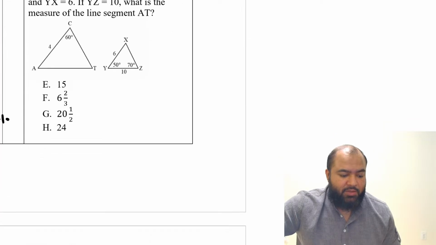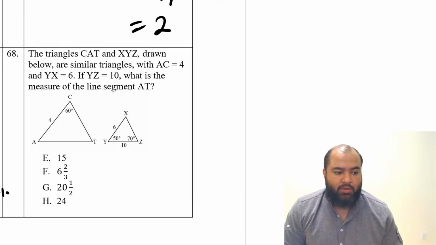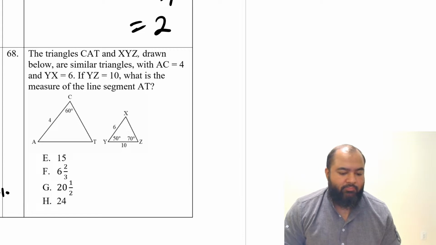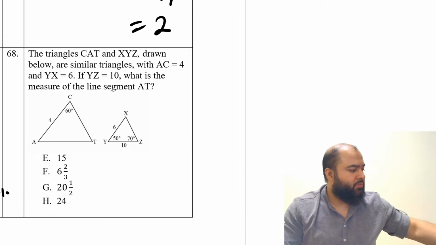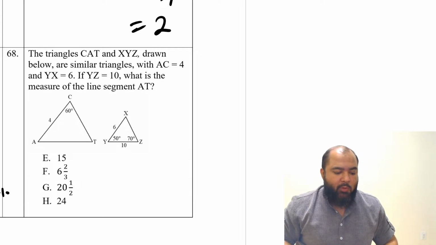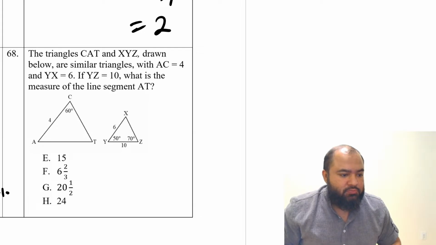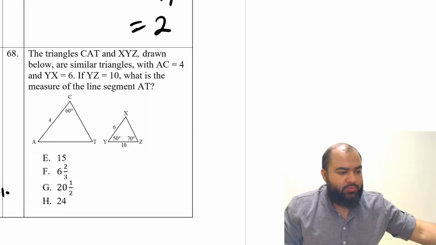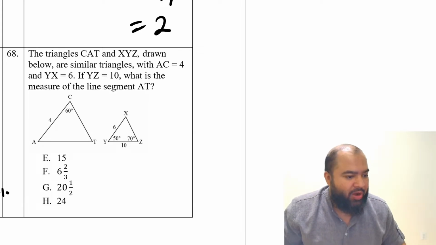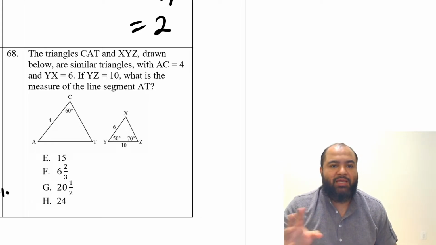Okay, very good. Now let's go to 68. This one is pretty simple. Let's see. Try 68. Okay, you asked me how do you find 1/8 of a number? You just divide by 8.